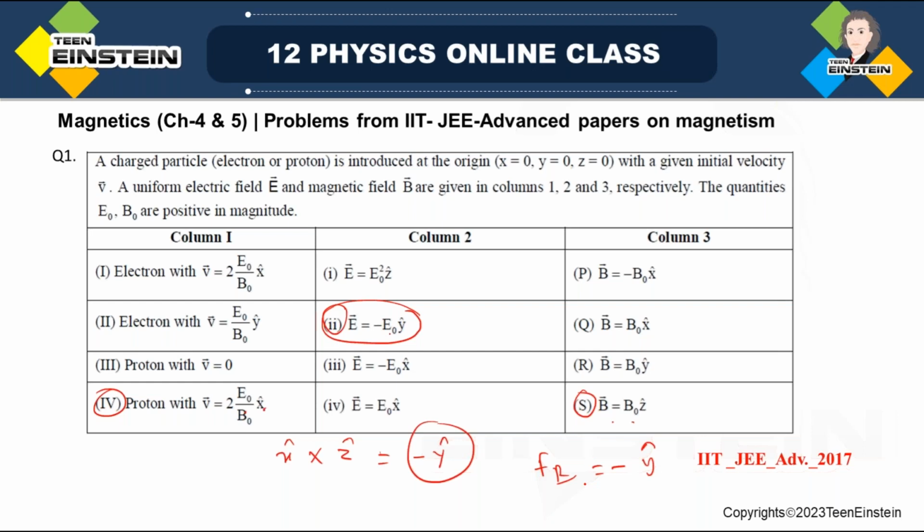So let us see. We have taken the first option, 4, 2 and s. s is c, this is zx, so it will be xz, minus y, that is fine.